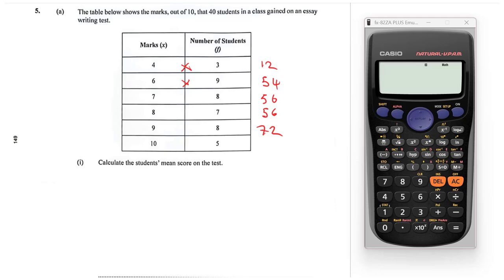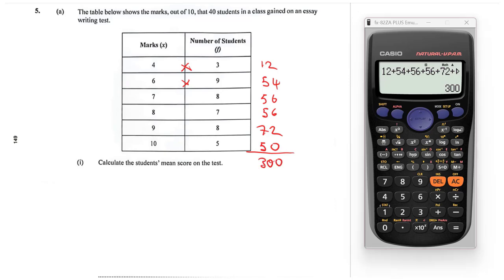And 10 times 5 is 50. So what we're going to do now, we're going to take the sum of these numbers. So 12 plus 54 plus 56 plus 56 plus 72 plus 50, and we get 300.